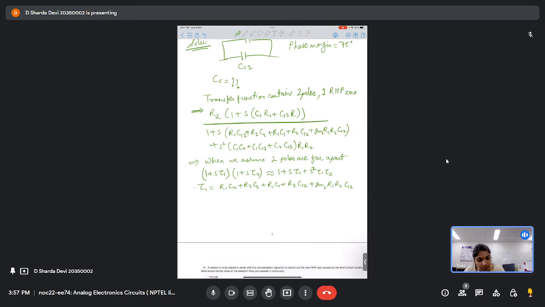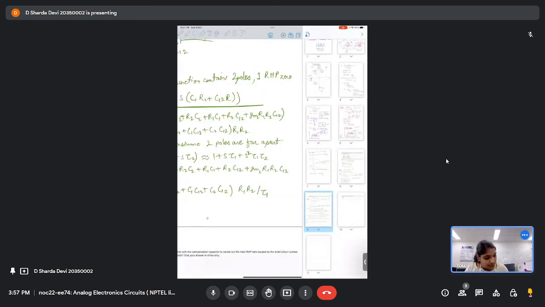1 by omega p. I'll write it down to make it simpler. The tau 2 is given by C1 C2 plus C1 C12 plus C2 C12, into R1 R2, divided by tau 1.